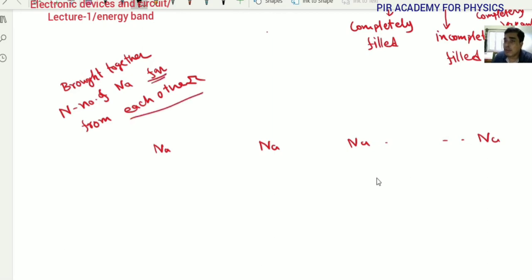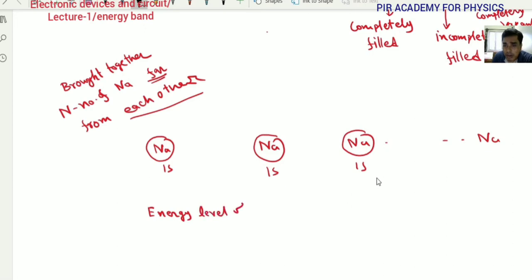Then what will happen? The energy level 1s of each atom, each atom has an energy level 1s, and the energy levels of 1s of each atom are identical.